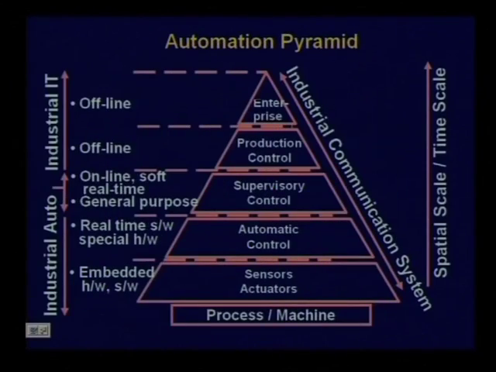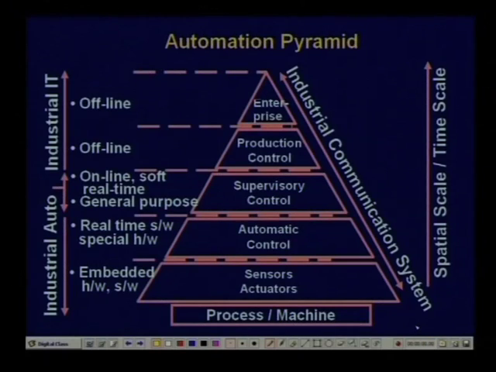So, we first take a look at the automation pyramid. Remember, we had taken a look at this automation pyramid in the very early parts of the course. Automation can be viewed as a pyramid with the process machine, the basic equipment, at the ground, and then you have the sensors and actuators which take information and provide control inputs.